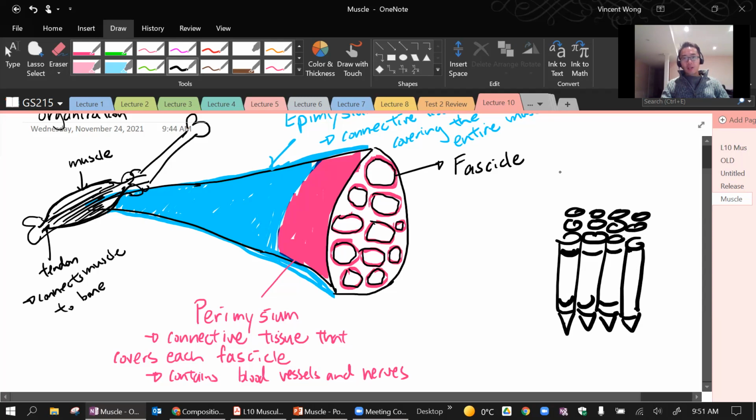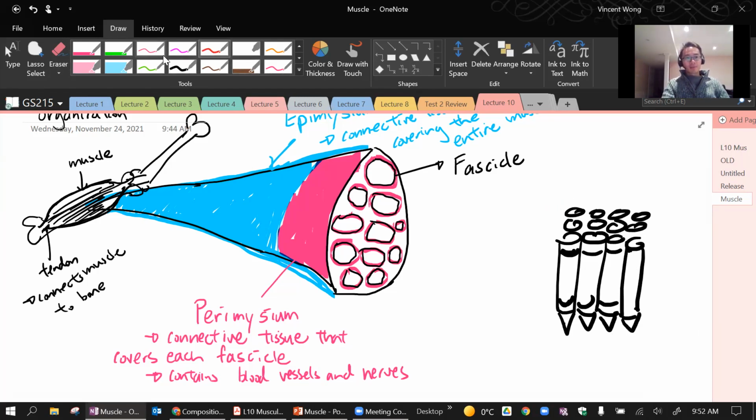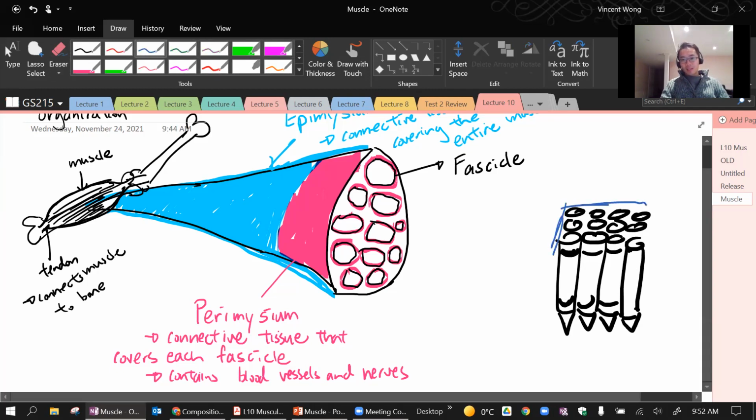this pack of crayons would come in a box, right? Let me draw the box. The box would be kind of like the entire muscle. If you cut open the box, cut an opening here and take that away, immediately you will be looking at the paper wrapping that surrounds each of the crayons.